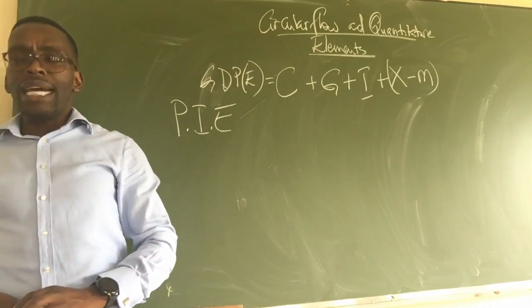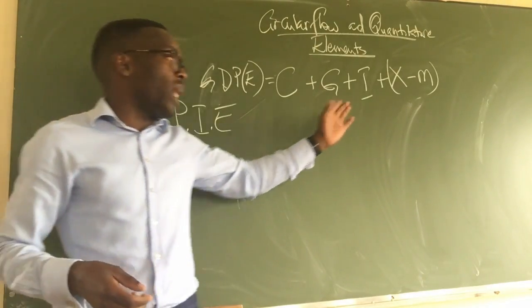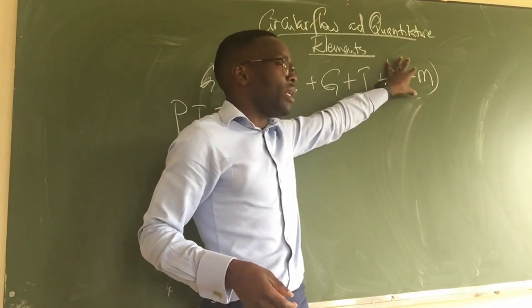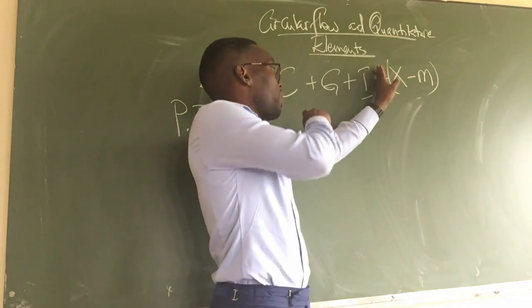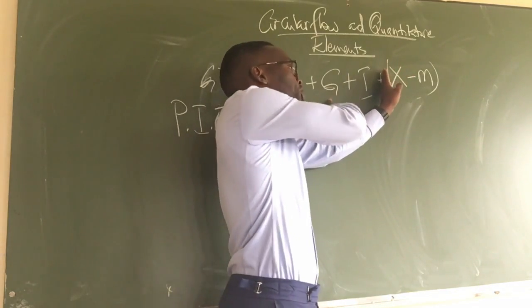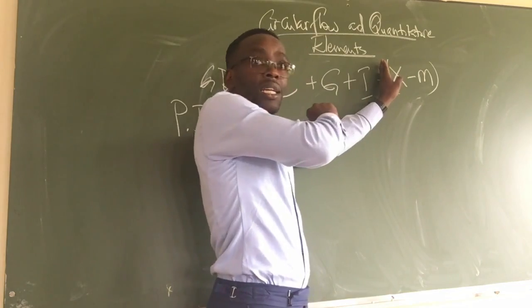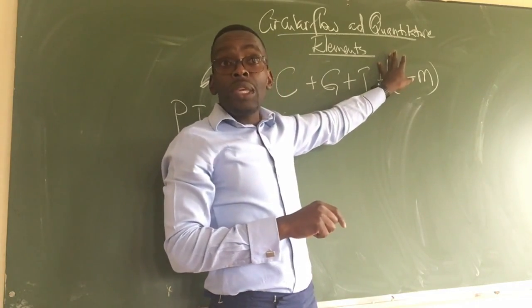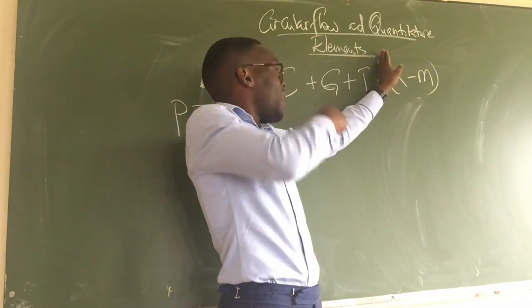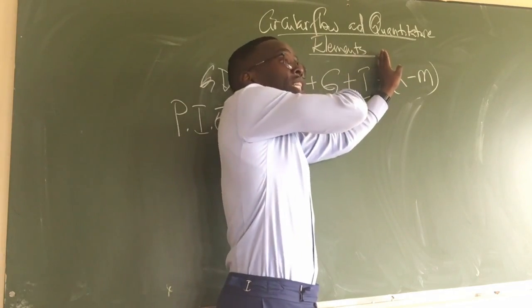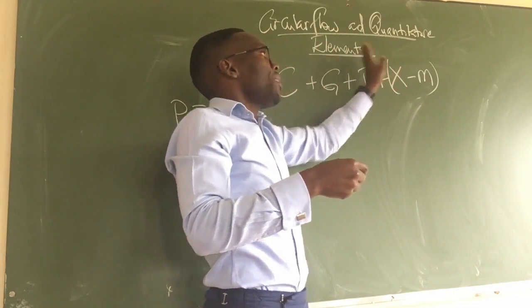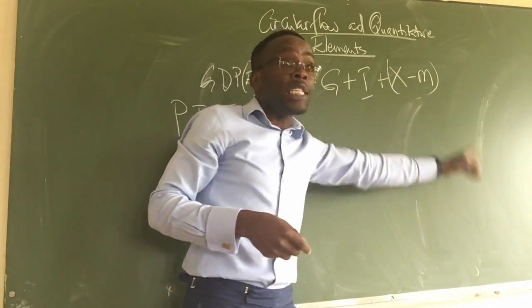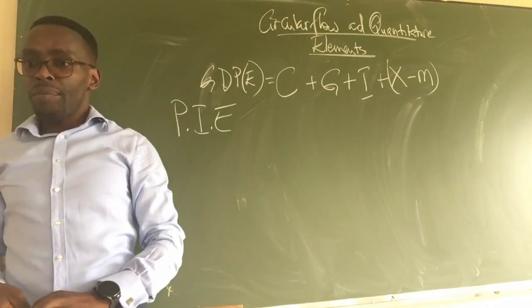You would now find that when we are talking about a domestic economy, our GDE for a closed economy is going to be calculated as C plus G plus I. If it is an open economy, then we are also going to add our X minus our M. Right?